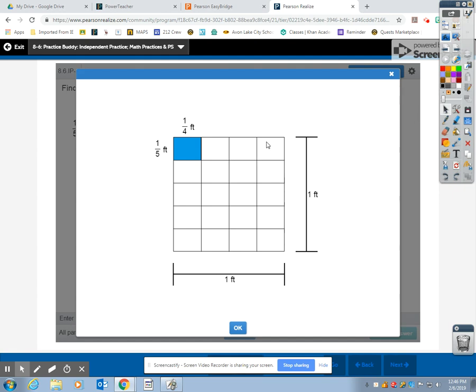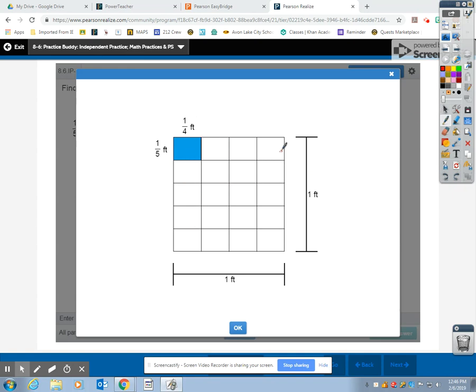Basically what we're saying here is I have one whole shape that is 1 foot by 1 foot. This is my entire whole, and I've broken it up into 1, 2, 3, 4, 5, so 5/5, and then I've broken it up and down, or vertically, into fourths.